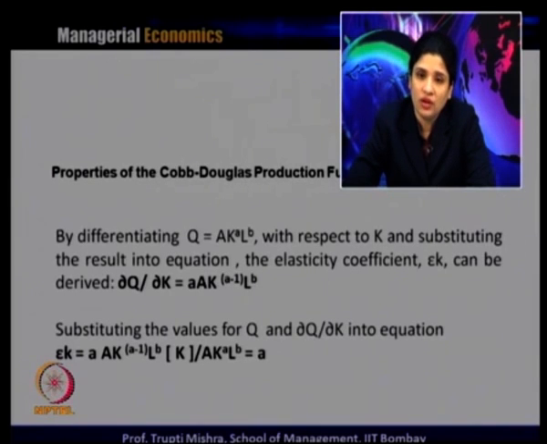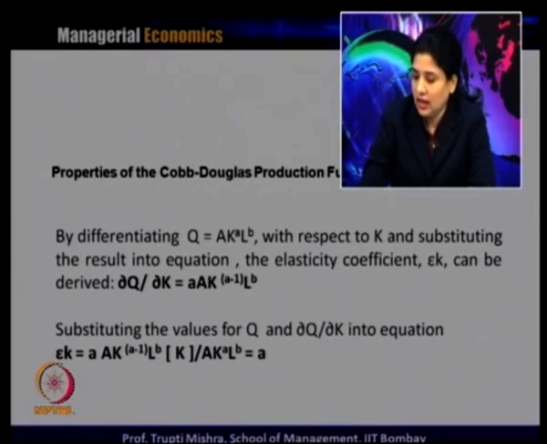Substituting the values of Q and del Q by del K into the equation, the elasticity coefficient with respect to capital is a A K to the power a minus 1 L to the power b, multiplied by K divided by A K to the power a L to the power b, and when we simplify this we get it equal to a. So, the elasticity coefficient with respect to capital, keeping labor constant, is equal to a.